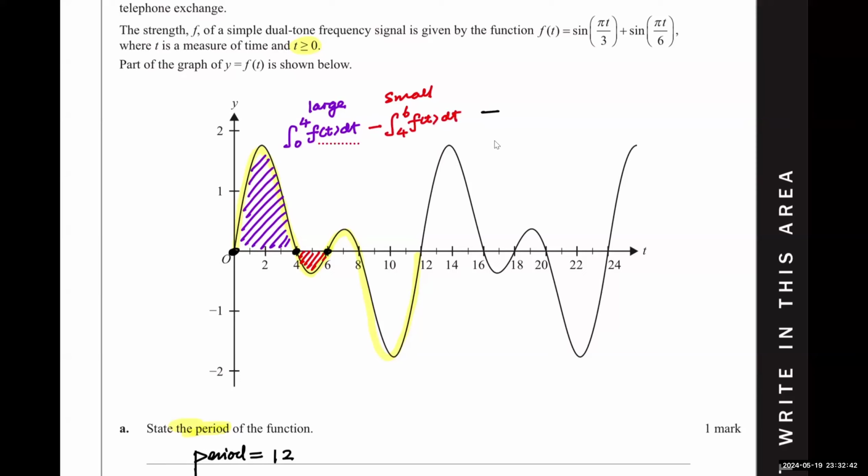And it has the same area as minus 0 to 2 of g(t) dt plus 2 to 6 of g(t) dt. So that means this is also the large chunk. This must be the small chunk after certain transformations.